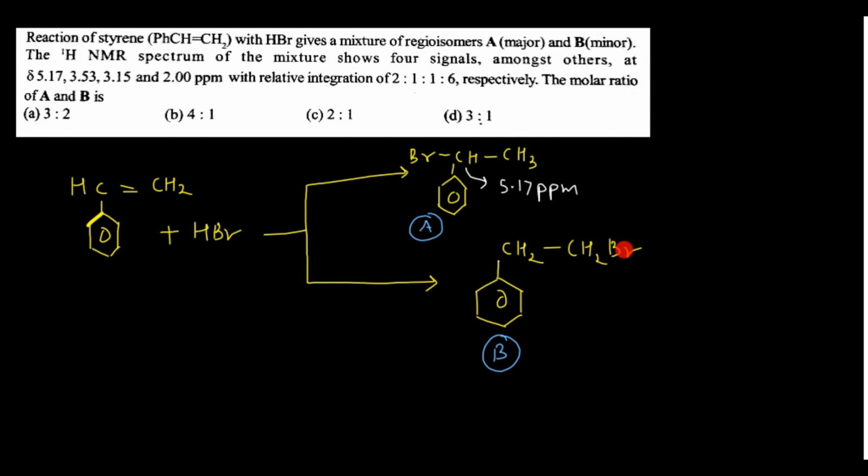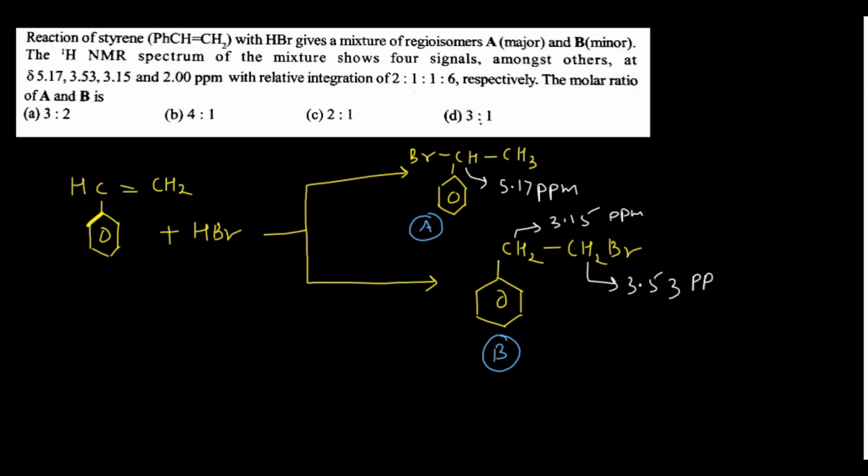The bromine causes electron deficiency for these two hydrogens, and the electron deficiency would be higher around this carbon due to the bromine, but not as high as what we saw for the CH, because with two hydrogens it is spread a little more. So the second highest chemical shift is for this one, and for these two hydrogens it is 3.53. Then this should be 3.15 ppm.